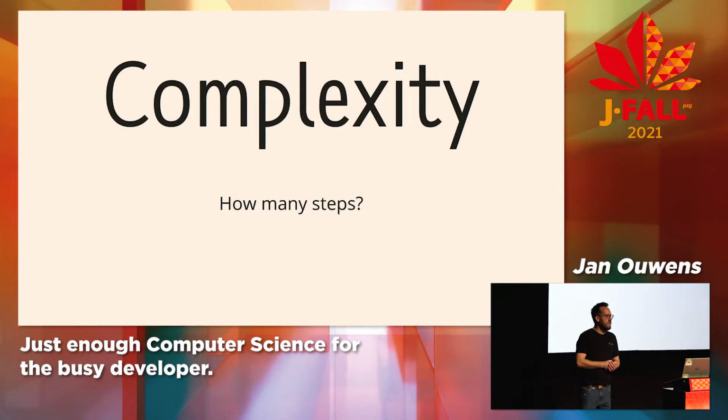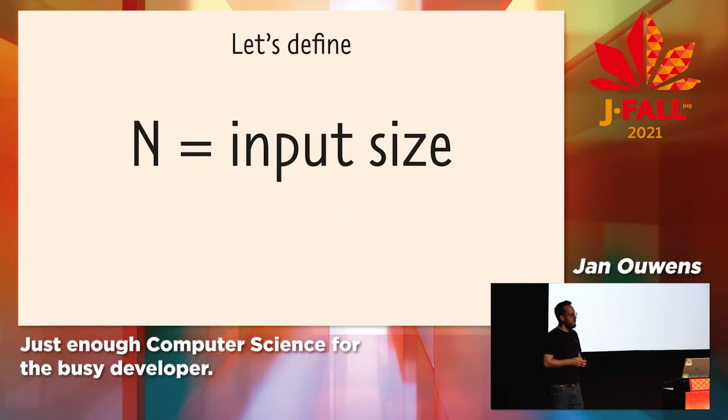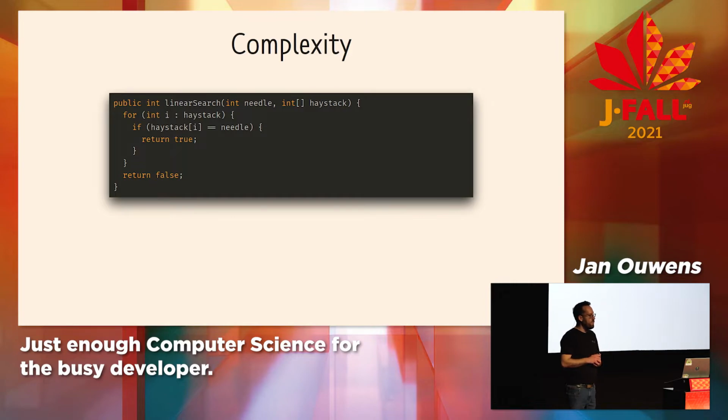But let's talk about these algorithms. How do you know which one you have to choose? Well, the first thing that you have to know about that is complexity. How many steps does it take to execute my algorithm? So let's say that n is the input size of the thing that you want to calculate. What would be the complexity of an algorithm? So here is an algorithm, linear search.